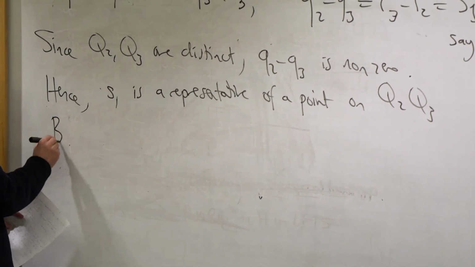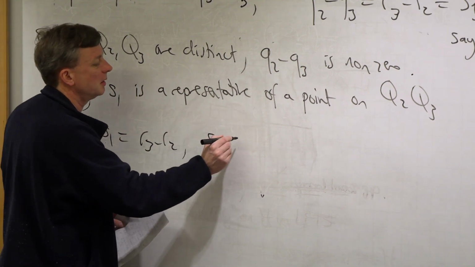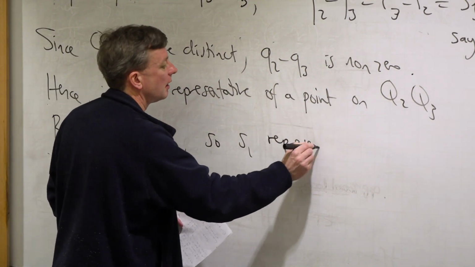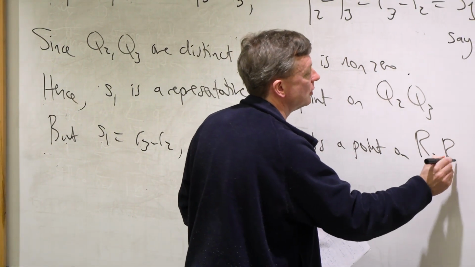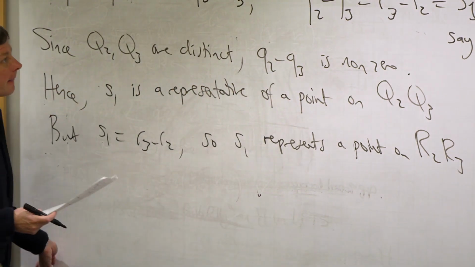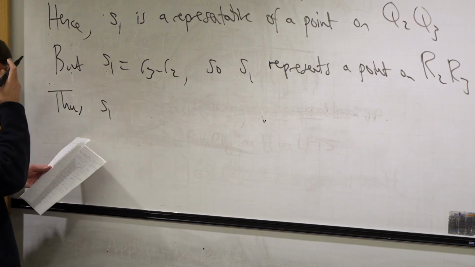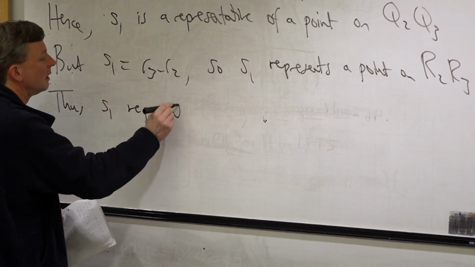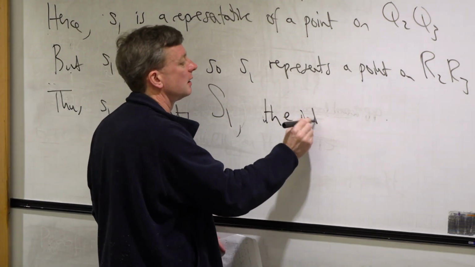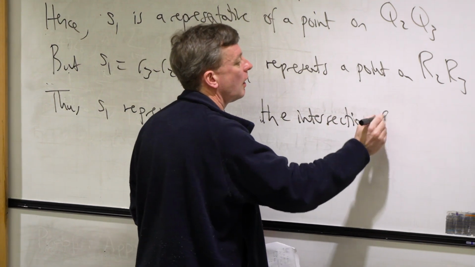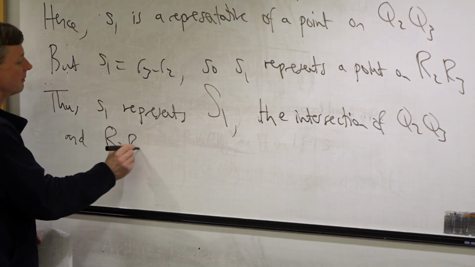Similarly, s1 is also r3 minus r2, so s1 represents a point on the line R2, R3. Thus little s1 represents the point big S1, which is defined to be the intersection of Q2, Q3 and R2, R3.